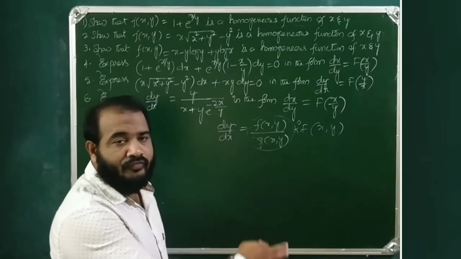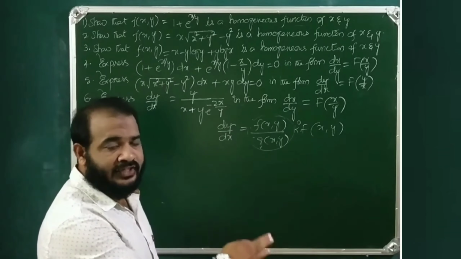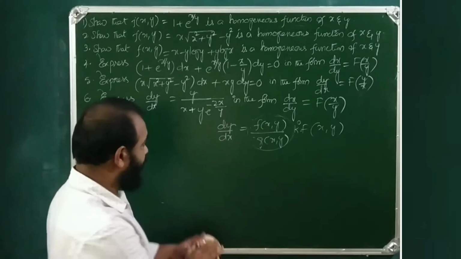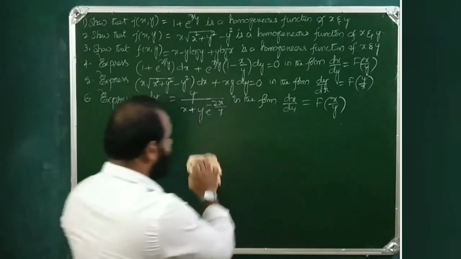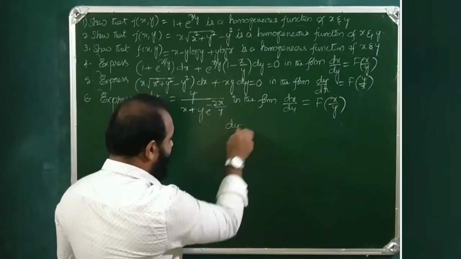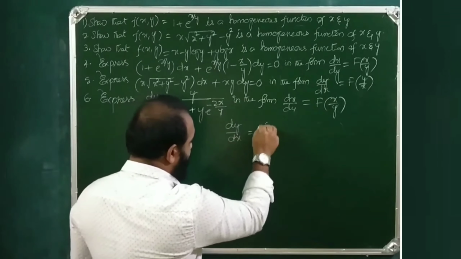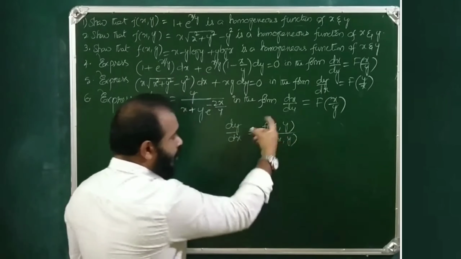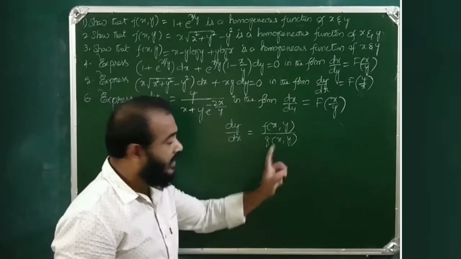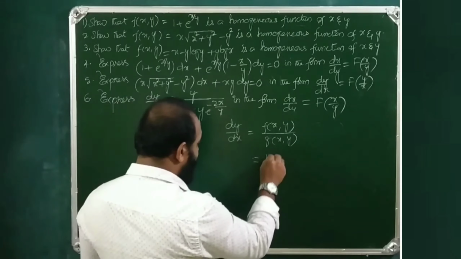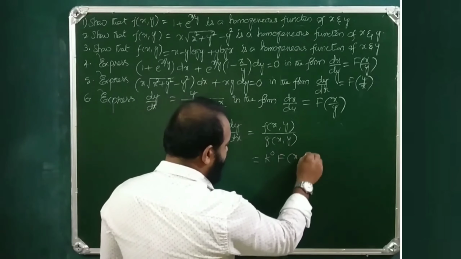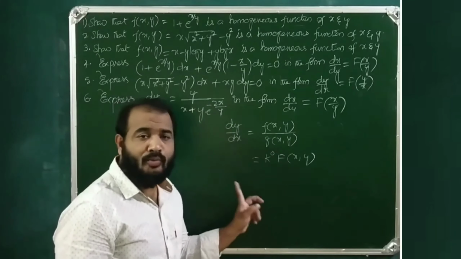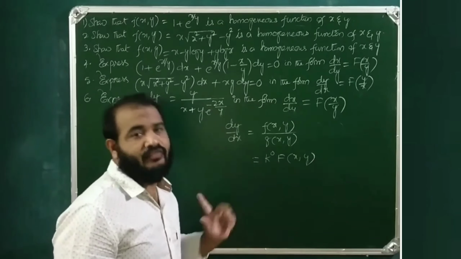Then that kind of a differential equation is said to be a homogeneous differential equation. I'm telling you again: a homogeneous differential equation is of the form dy by dx equals f of x, y by g of x, y, where both have the same degree. In other words, k power 0 into f of x, y. Such a differential equation is said to be a homogeneous differential equation.